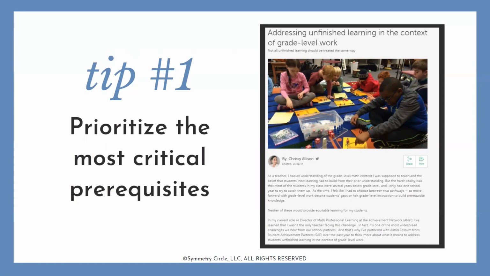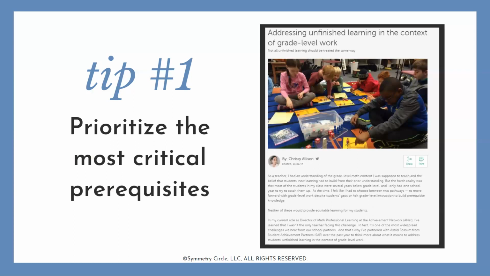It's a blog that I actually wrote a few years ago, and it's on the Aligned blog that you can find on achievethecore.org. And it's called Addressing Unfinished Learning in the Context of Grade Level Work. And I think that would be a helpful read for you if you haven't read it, and your teachers, because I talk a little bit more about how you really think about which prerequisites are the most critical.